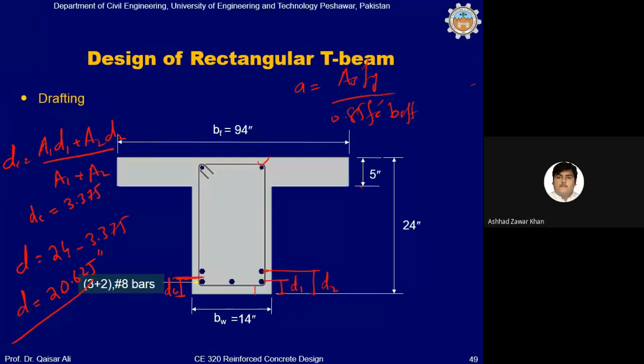Yes sir, बिल्कुल। अच्छा, AS की वैल्यू तो आपको पता है, it is 4 inch square, because 5 multiplied by 0.8 will give you total area 4 inch square.